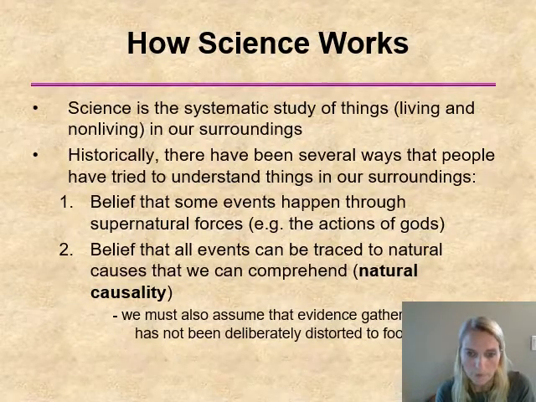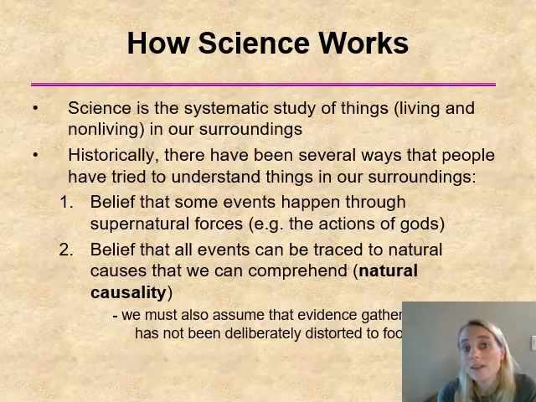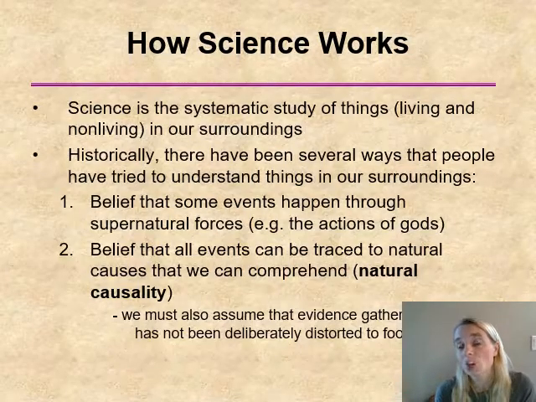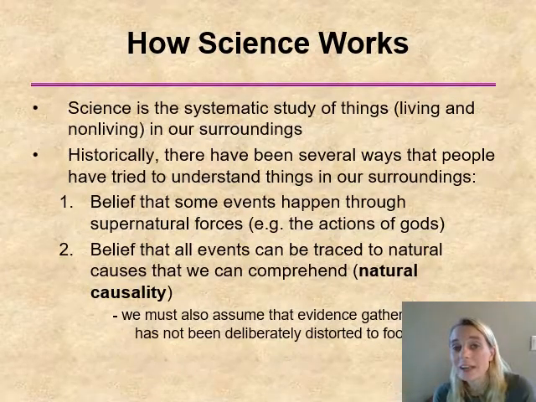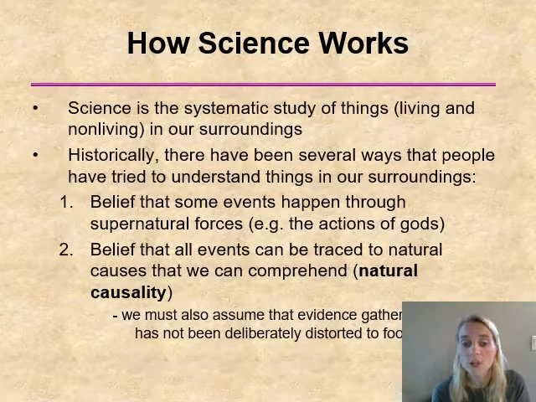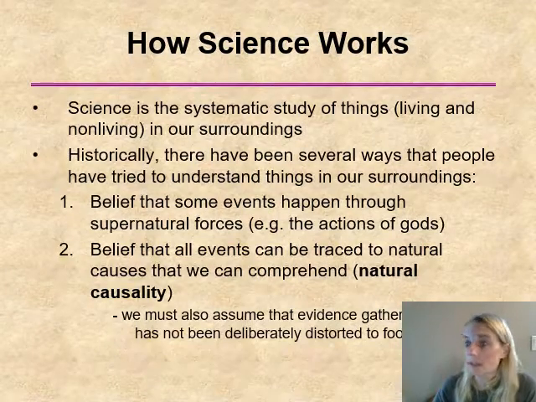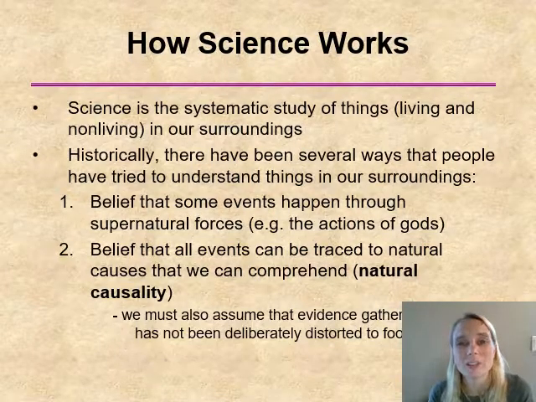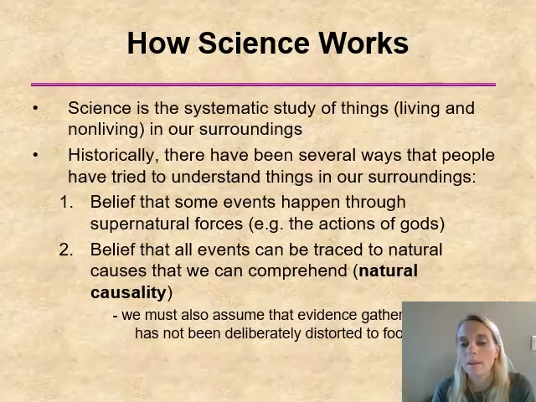Okay, so there are some ways that science has changed over the years. Early scientists were more naturalists, is what they were called, or observers. So we can just observe things and do our best to explain what we see. But that didn't always work. And we'll see some examples here in a little bit.